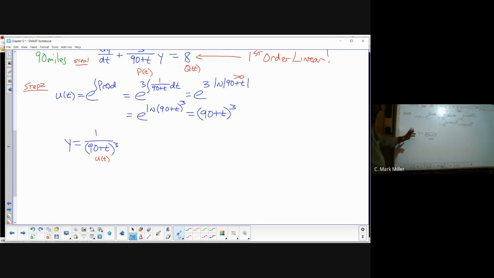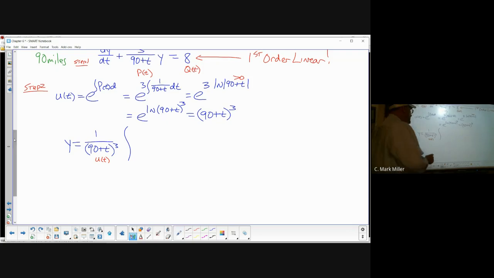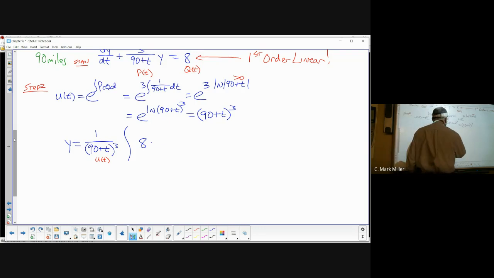Then this is 1 over u of t integral Q times u. Q is 8. u is 90 plus t cubed dt.